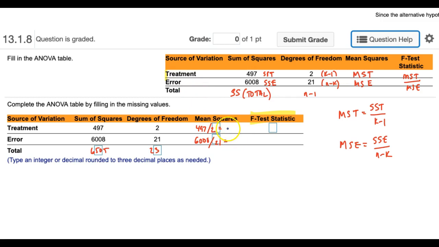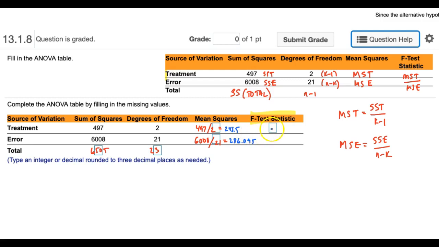This turns out to be 248.5. This one turns out to be 286.095, and that's three decimal places.